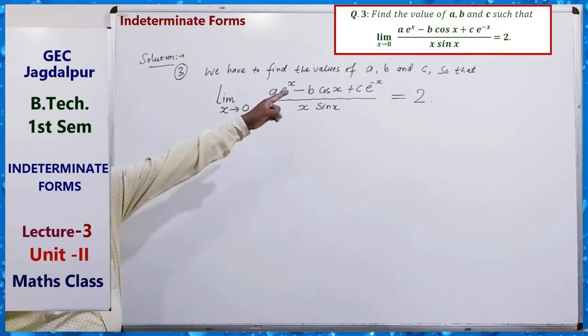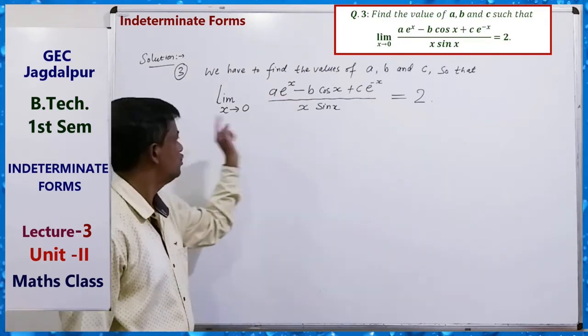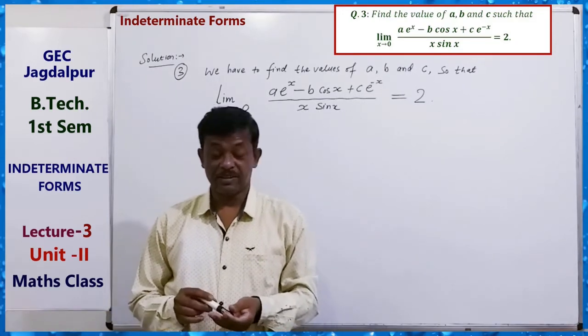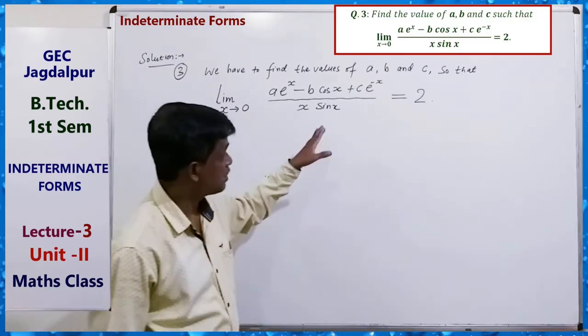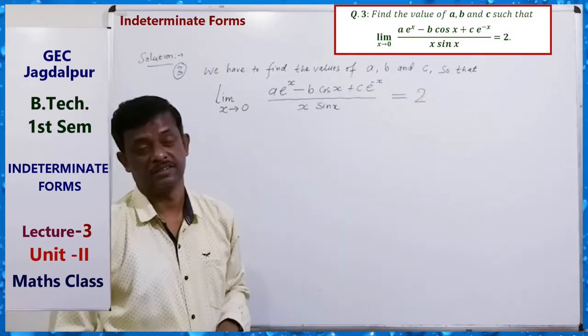We have to find the values of a, b, c such that its limit is 2 as x tending to 0. On the basis of this condition, its limit is 2, and we have to find the values of a, b, c.